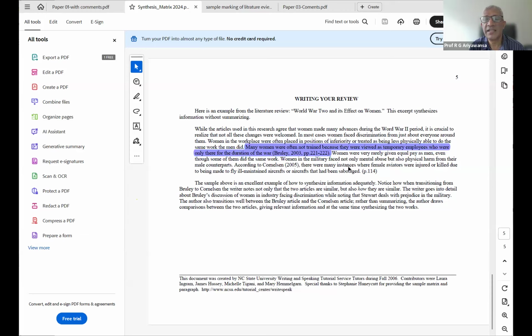And having said that, they are taking another step. Women were very rarely given equal pay as men, even though some of them did the same work. So they are continuing their statement or discussion. They mentioned the training, then the payment.